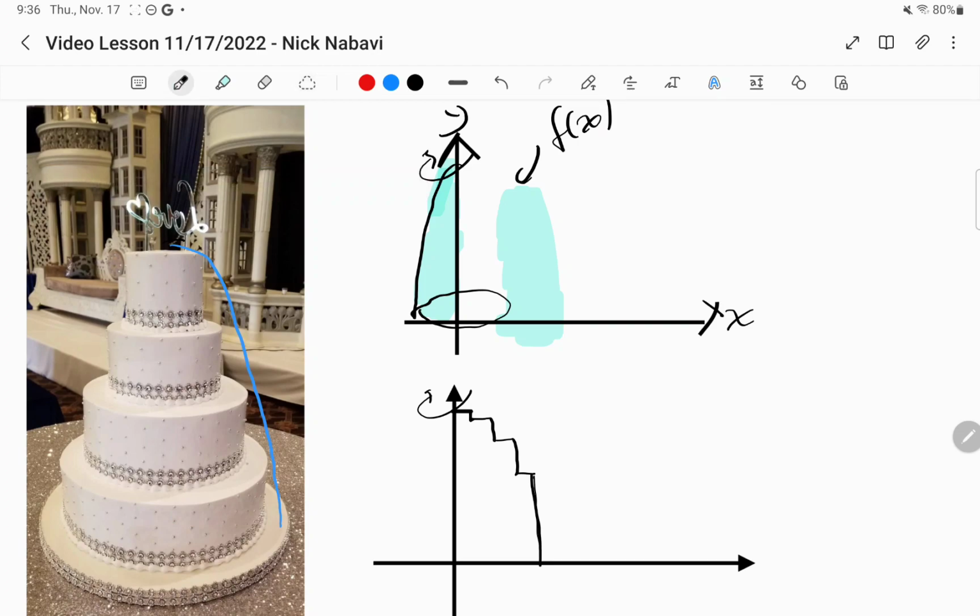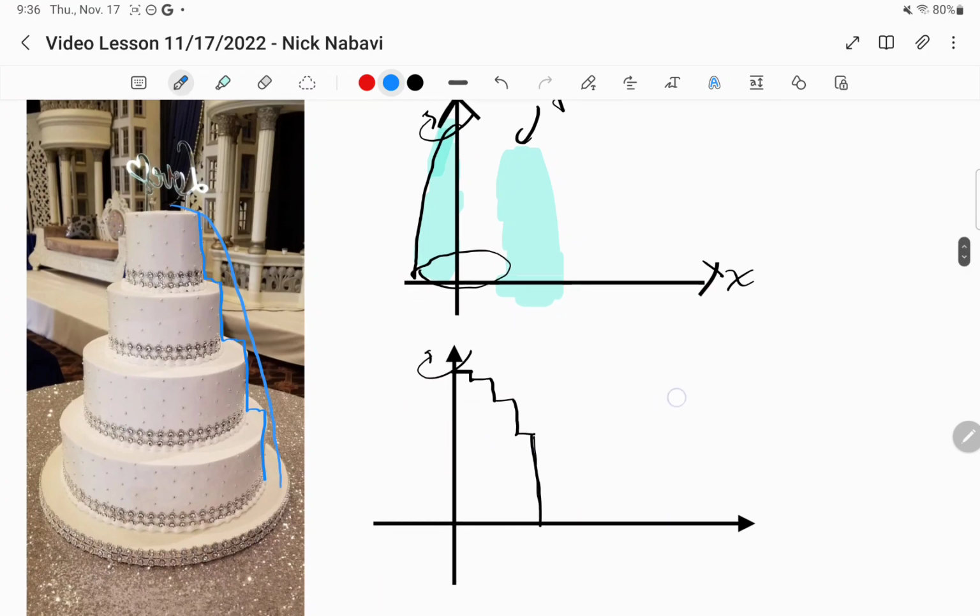If you take a 2D outline of this cake shape, it looks like this and this and this and this. That's exactly what we were drawing here, right? That's where that came from.